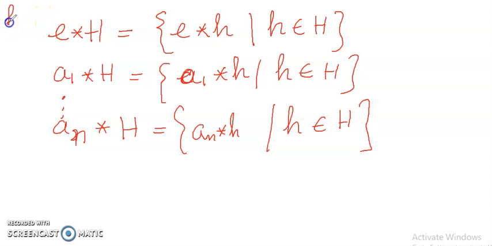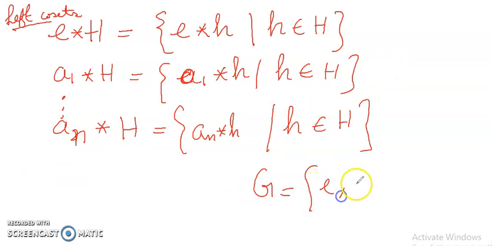So it is like this: left cosets. I have written here E star H, the set of all E star small h, h belonging to capital H; A1 star H, the set of all A1 star small h such that h belongs to H, etc. We can take A2 also, A3, etc. We have n elements in G, right? G contains n elements, that is E, which is A1.